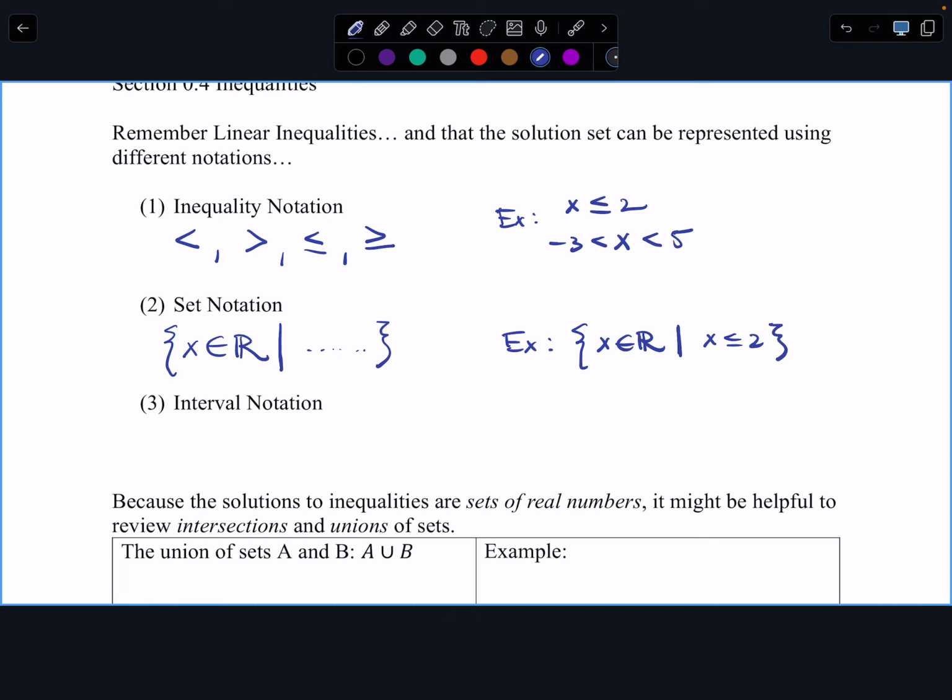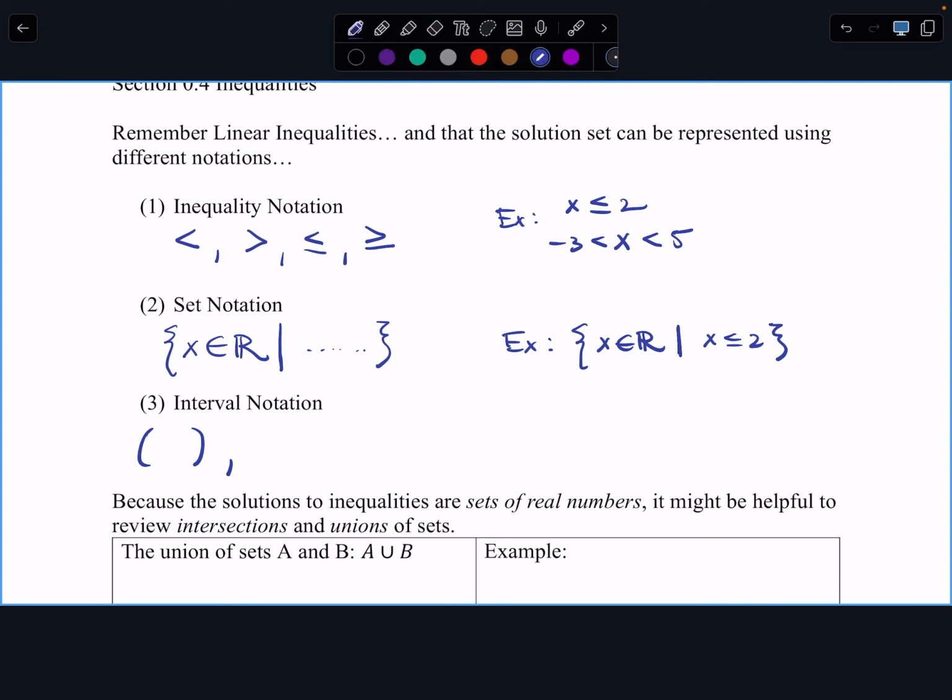And then interval notation, referencing our inequality notation, where we have the strictly less than, strictly greater than, less than or equal to, or greater than or equal to. We use either parentheses or brackets, right? So you might have parentheses to represent an open interval, meaning the endpoints would not be included in the interval.